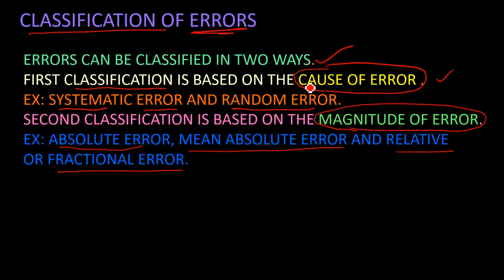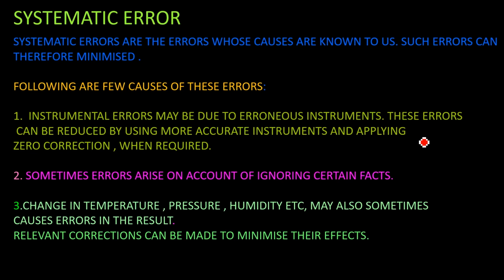Two ways. Based on cause of error, systematic and random. Second, based on magnitude of error: absolute error, mean absolute error, relative or fractional error. Very good. Nice. Next one.